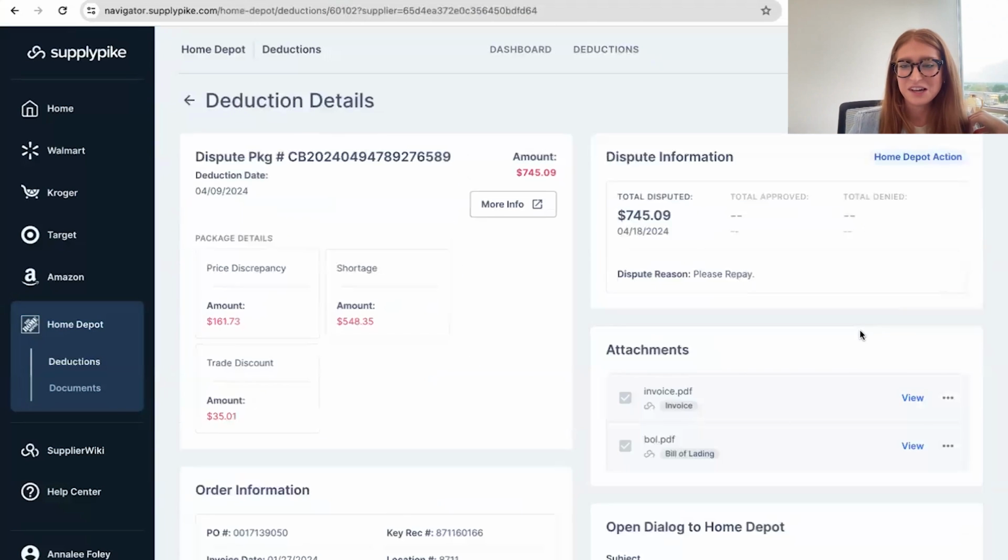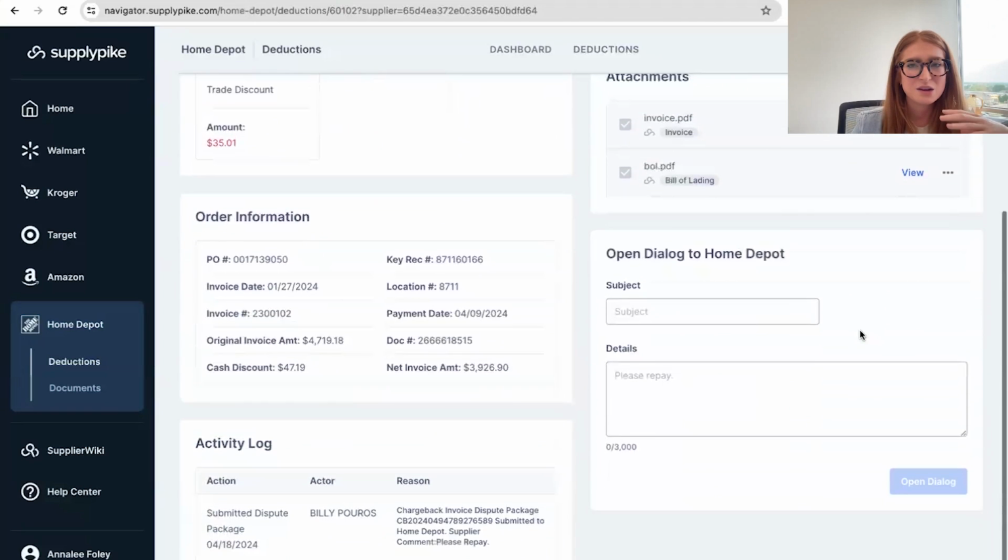So that's really cool. But one thing that we know is kind of a critical piece of communicating with Home Depot when these dispute packages are being reviewed, or just throughout the life cycle, really, is opening a dialogue.